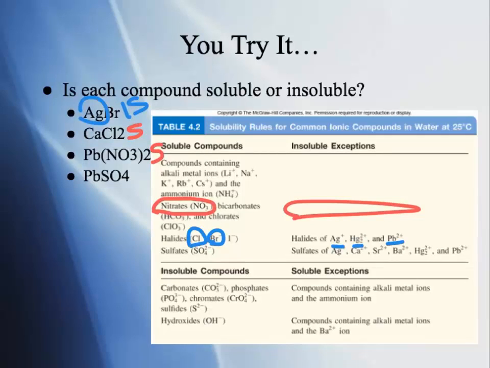Last but not least is lead sulfate, PbSO4. Sulfates are generally soluble, able to dissolve in water, but they do have exceptions: silver, calcium, strontium, barium, mercury, and lead. Here we have it, lead. So this is an exception. So this is insoluble.